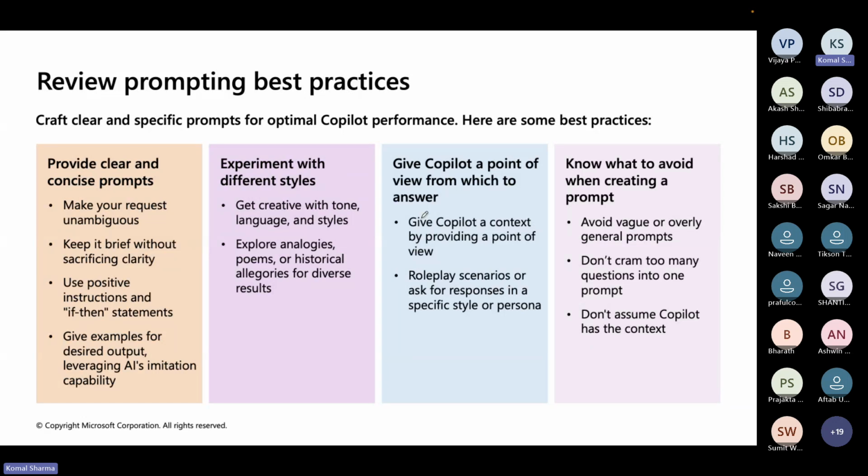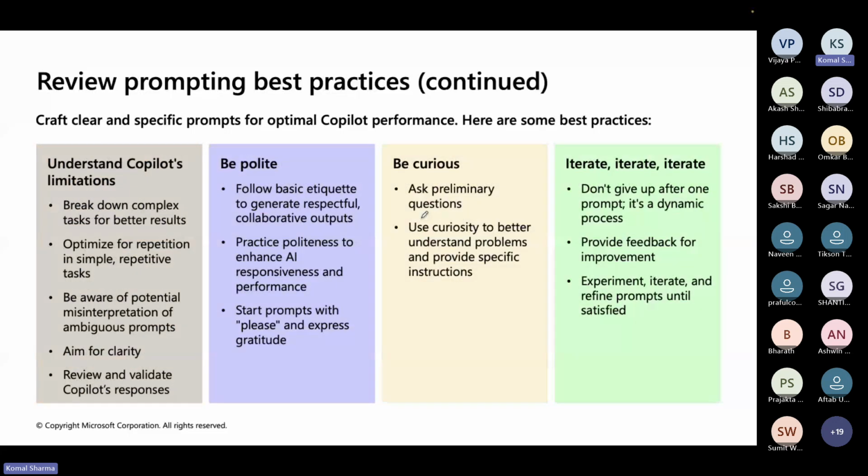Okay. And when you are putting your prompt, avoid any jargon words, some technical words, avoid some vague language. Okay. Make sure you are putting your requirement in a simple language, simple way, make it more clear, right? You can understand the Copilot limitation.